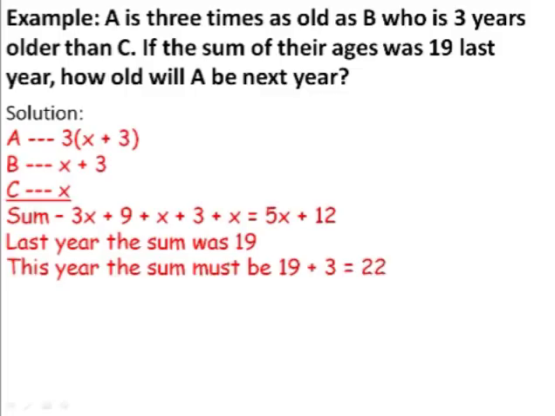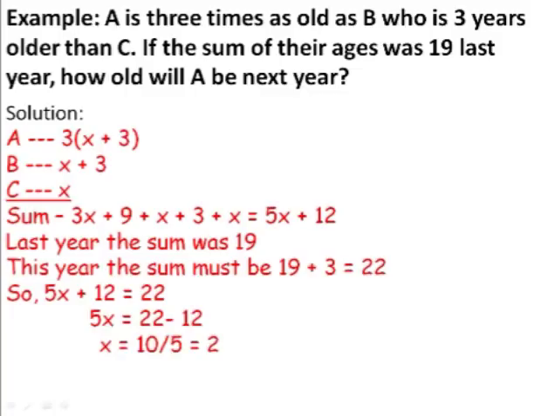This is a very important understanding. So now we know that the sum of their ages is 22 this year, and we have already calculated the sum in terms of X is 5X plus 12, so 5X plus 12 must be equal to 22. If we simplify this, we get X equals 2.